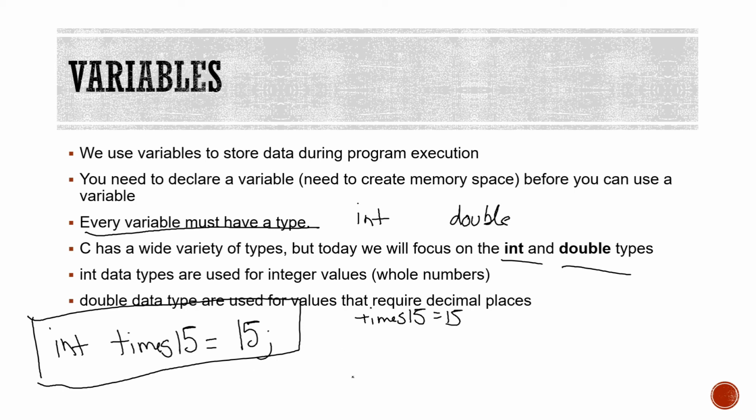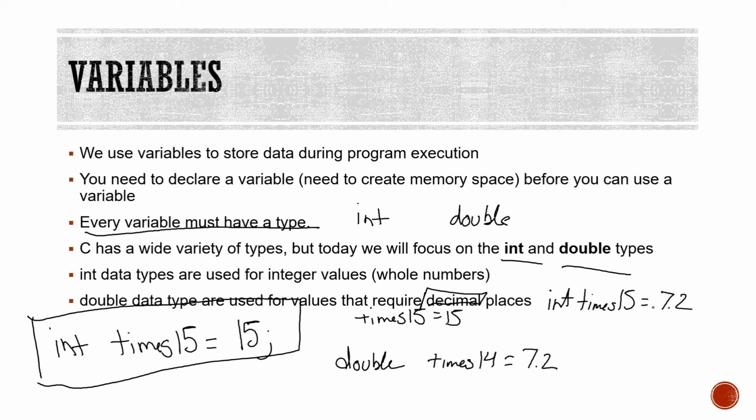But what if I have a double? If I have a double and I want it to store a decimal number, I can do it the same way. Let's do times14, so it's not the same variable. It can hold 7.2. But what if I have an integer times15 equal 7.2?